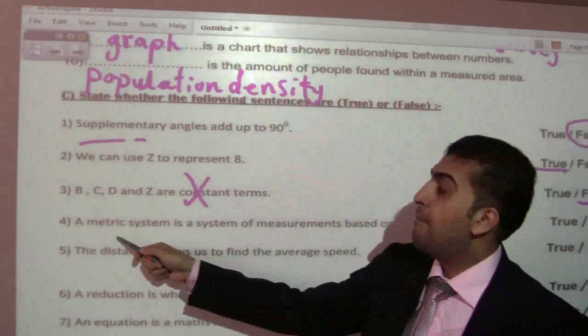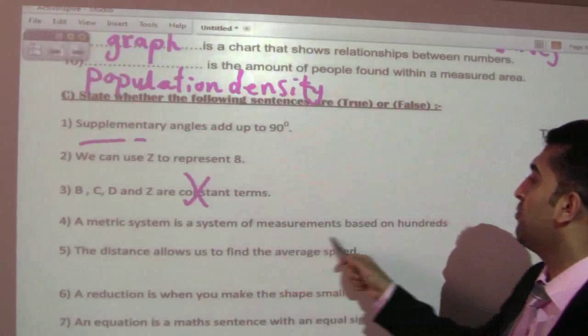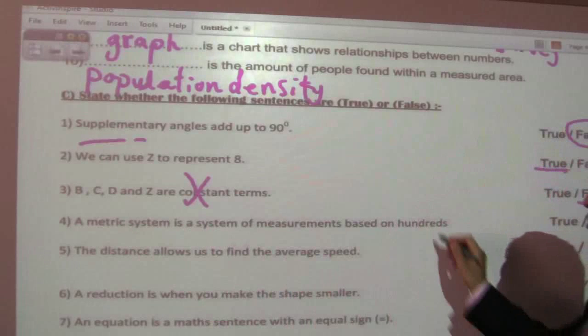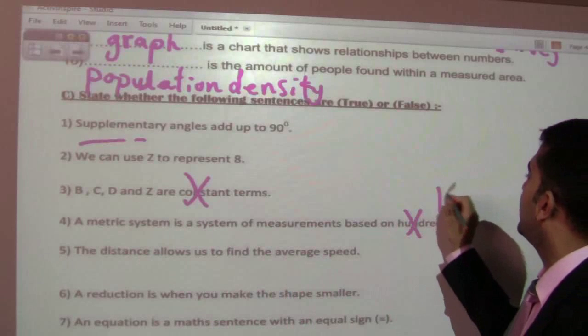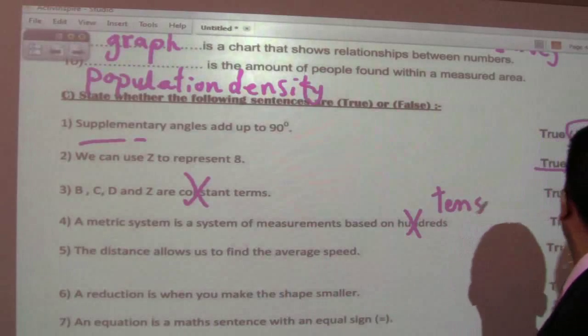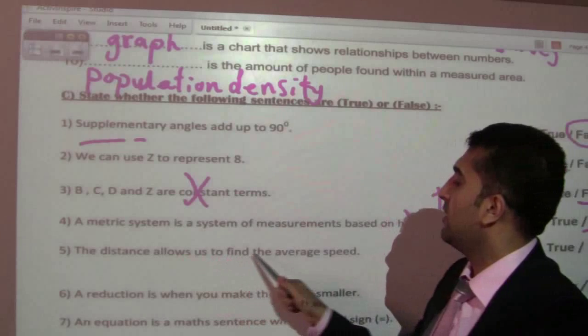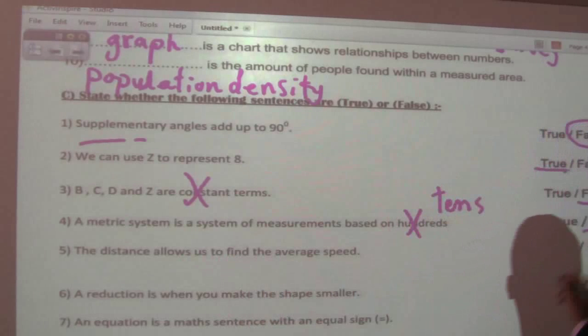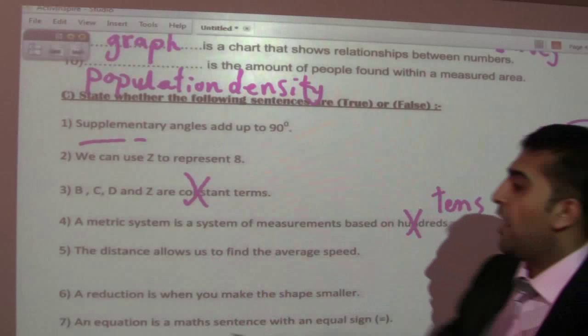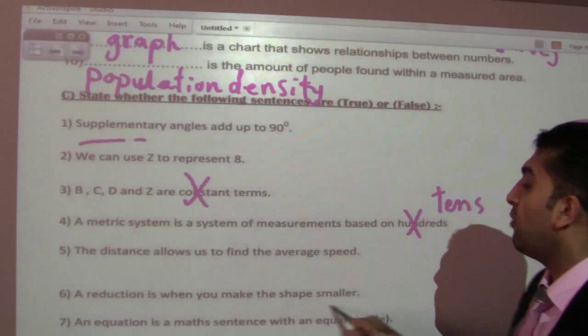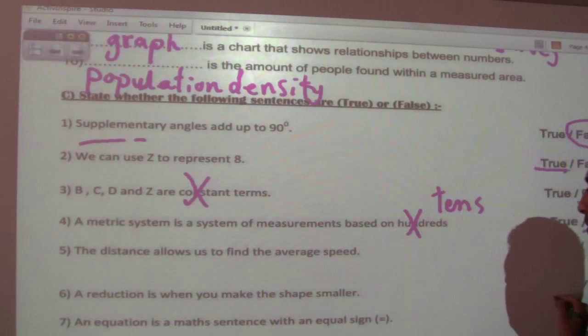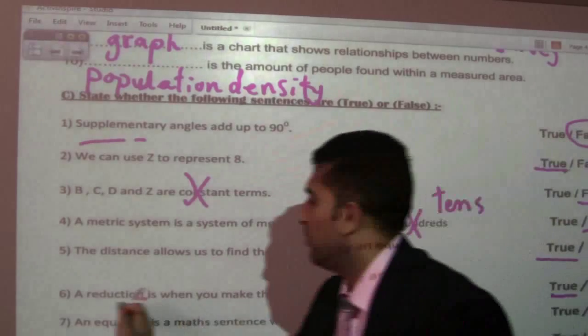Number 4, a metric system is a system of measurement based on hundreds. No, it's based on tens. So it's false. The distance allows us to find the varied speed. Yes, it's true. A reduction is when you make the shape smaller. Yes, because reduction means smaller.